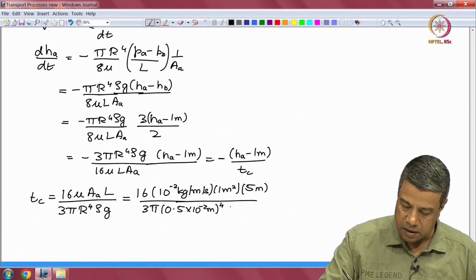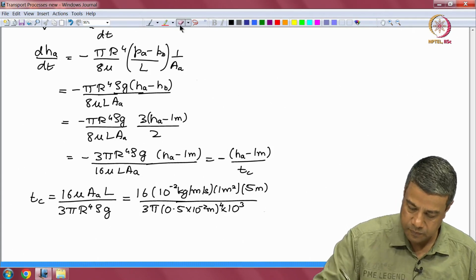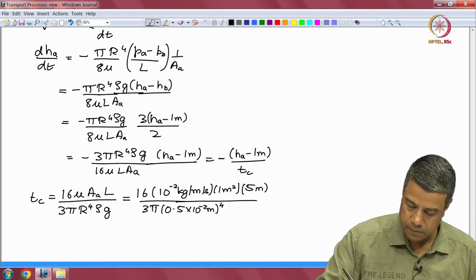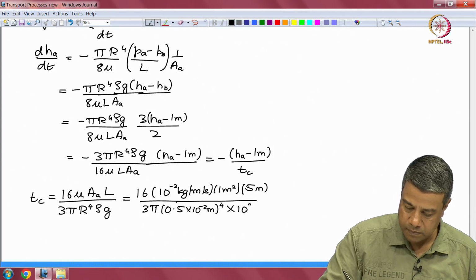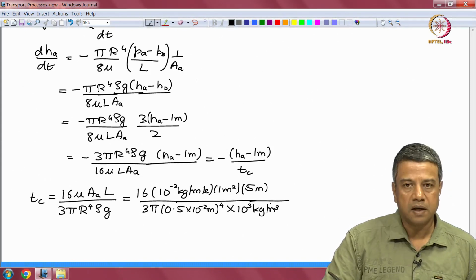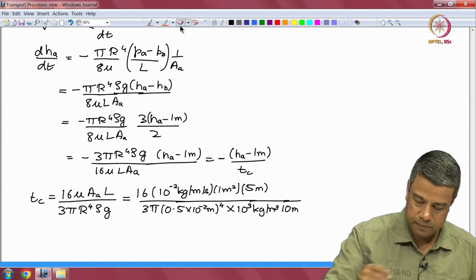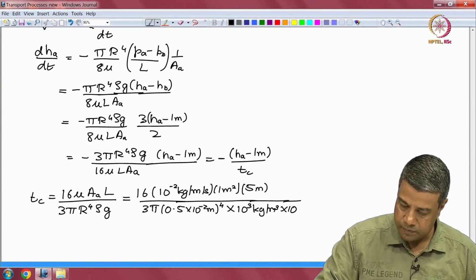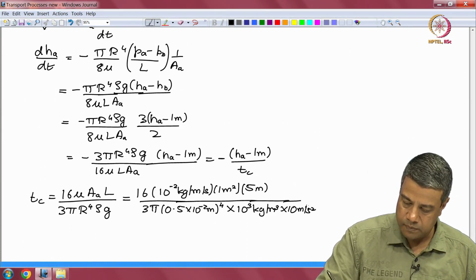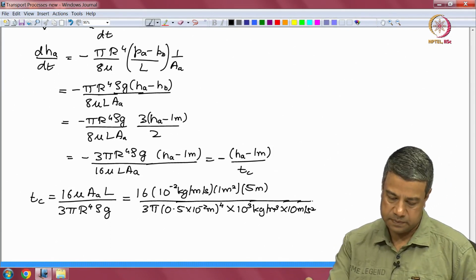Into rho, which is 10 power 3 kg per meter cubed, and gravitational acceleration is 10 meters per second square.